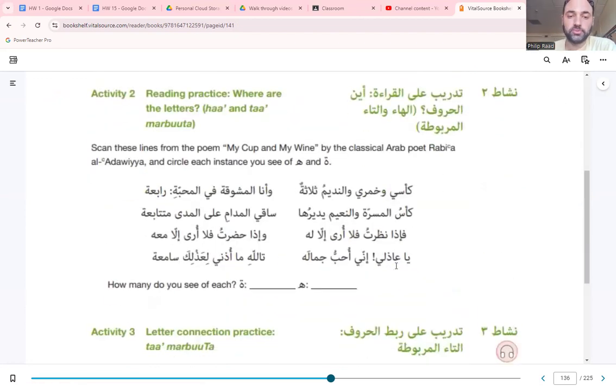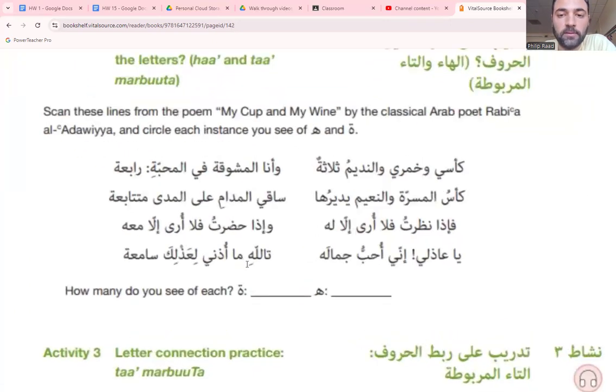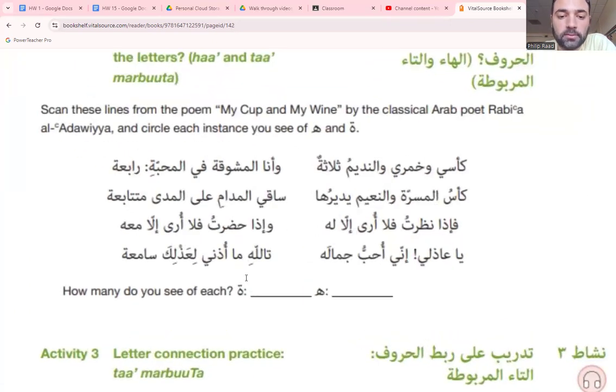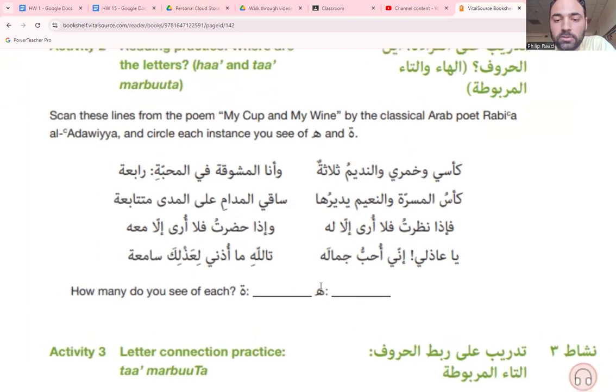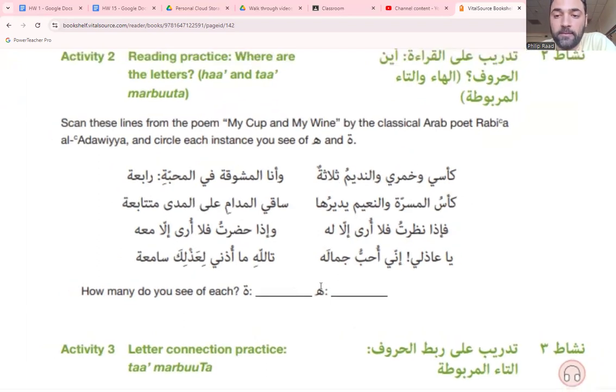Okay, for activity 2, you're going to scan these lines of poetry, and you're going to count the number of occurrences of te marbuta in final or in standalone position, and then also the sound ha, the letter ha, which makes the sound ha, as opposed to ha, which is a different letter.